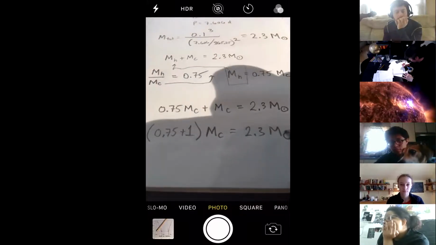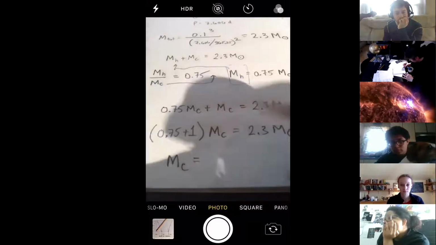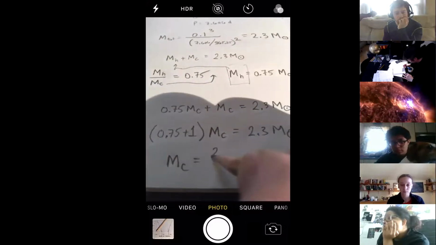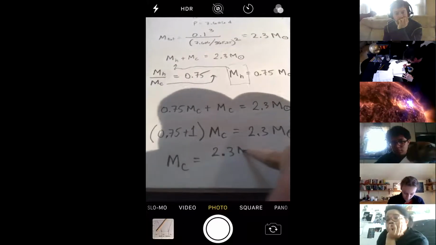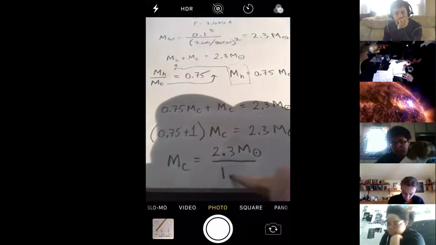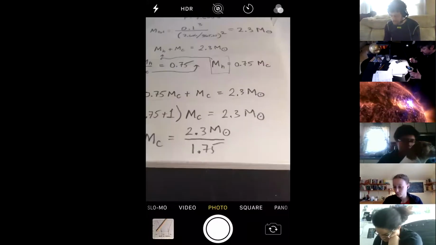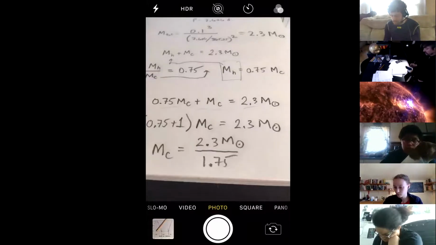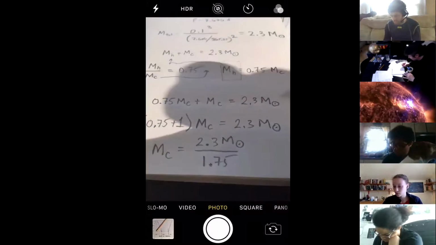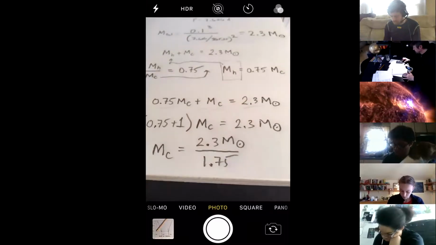And now I can evaluate and say MC is going to be equal to 2.3 solar mass units divided by 1.75. And what's that net us? Equals 1.3.